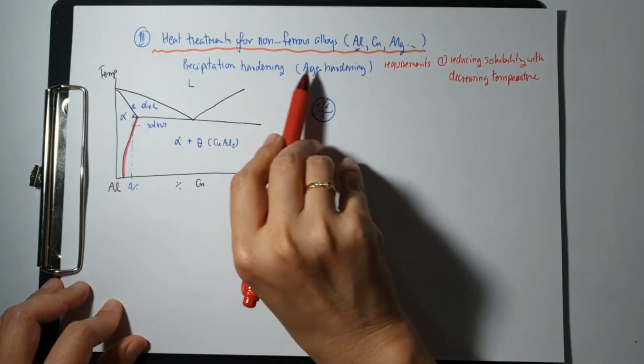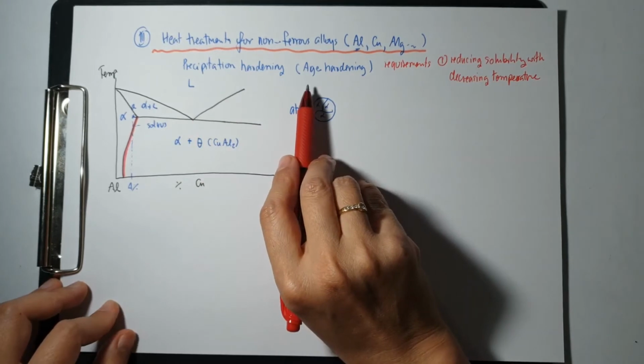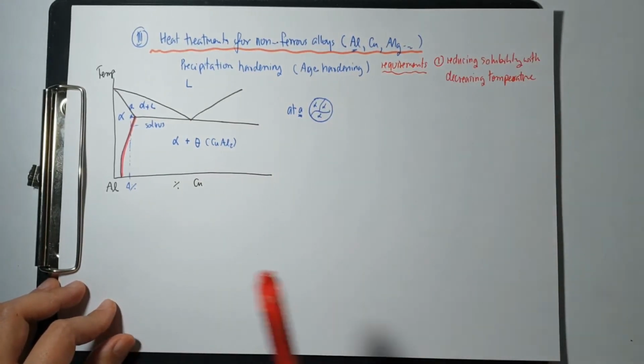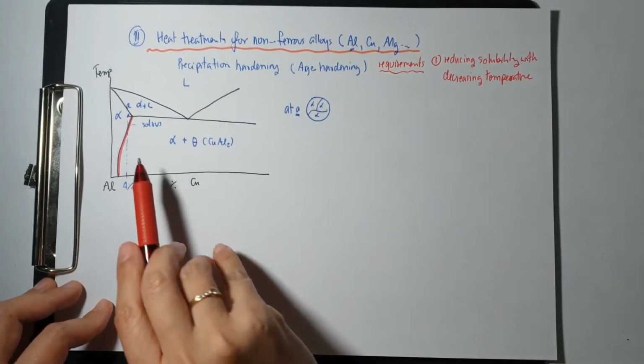Otherwise, you can't get into precipitation hardening. That's the first requirement. So let me carry on.